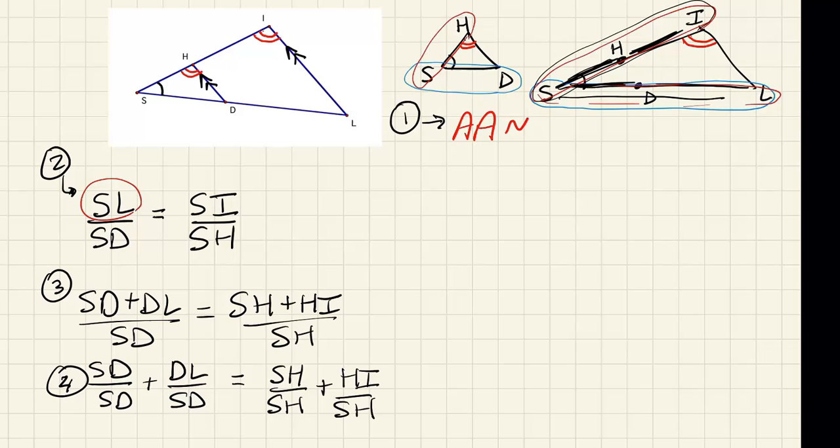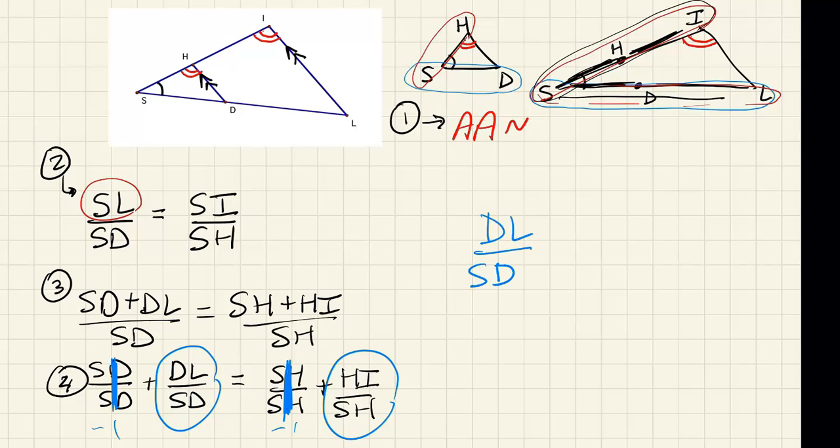Not really doing a two-column proof, just wanted to show you where the formula comes from. And SD over SD is a 1, and SH over SH, anything divided by itself, is a 1. So we could subtract 1 from both sides. And we're left with DL over SD equals HI over SH.